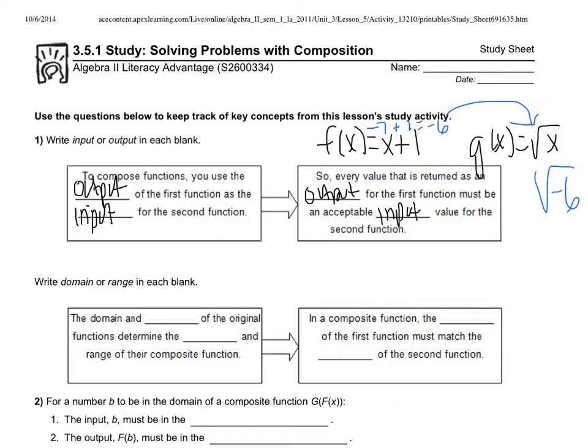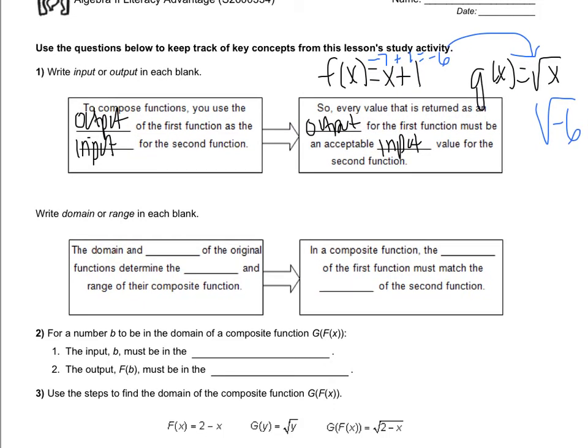So as part of using composite functions, we have to figure out what our domain and our range are. The domain and range of the original functions determines the domain and range of their composite functions. In a composite function, the range of the first function must match the domain of the second.